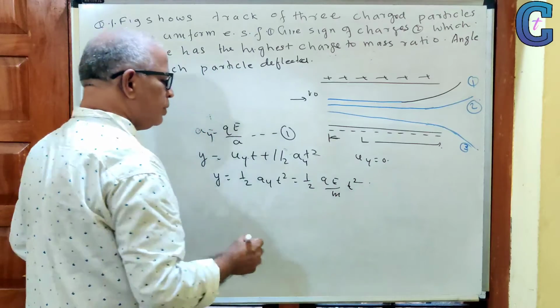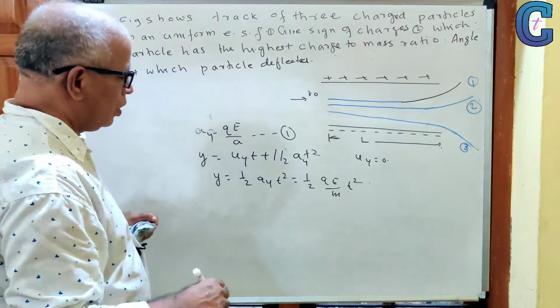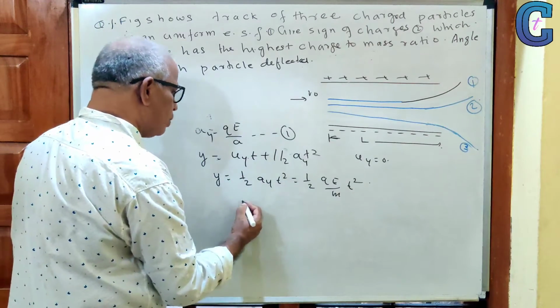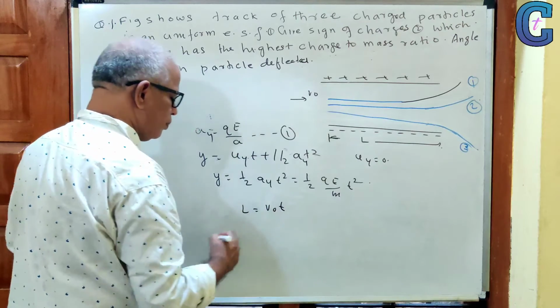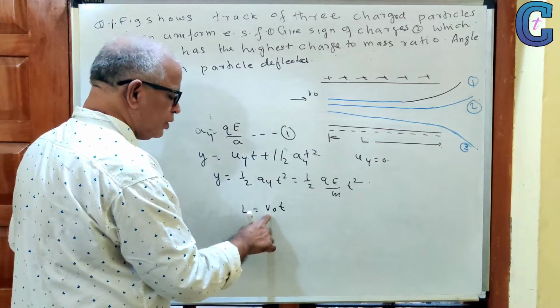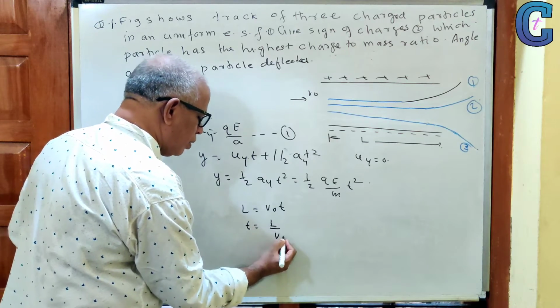The acceleration depends upon mass here. Now L is equal to v0 into t, because this velocity v0 is uniform. So t is equal to L by v0.